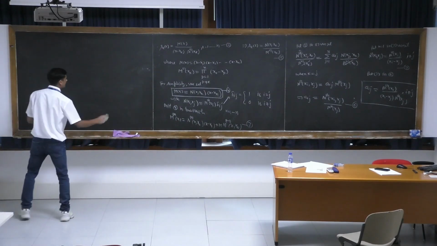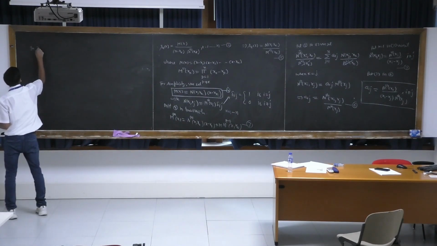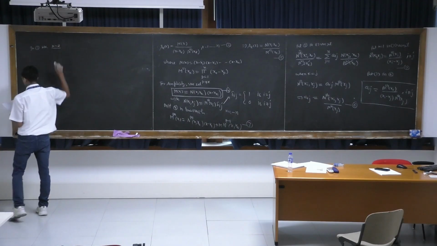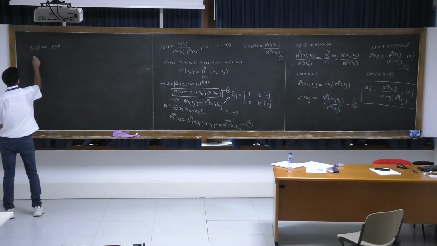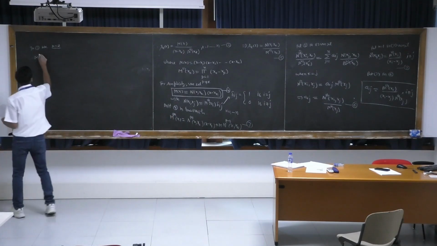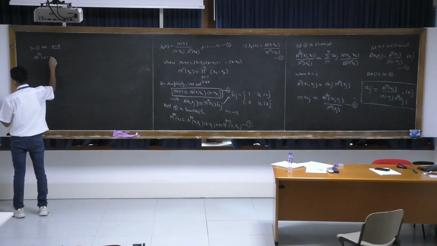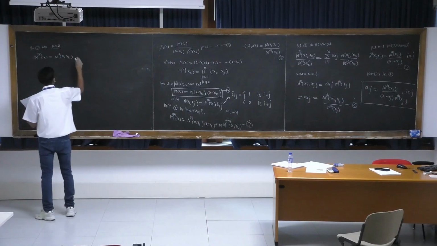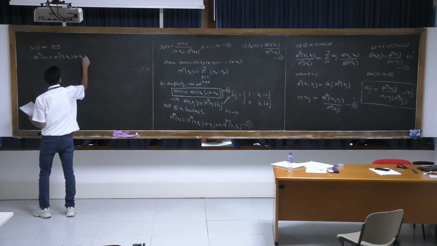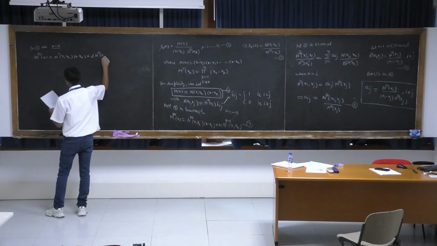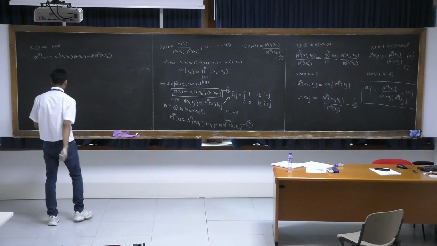So put m equal to 2 in 7. What will we get? M2 of x is equal to N2 of x, xk times (x minus xk), plus twice N1 of x, xk.